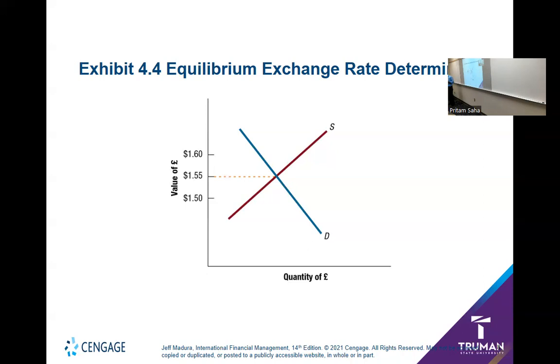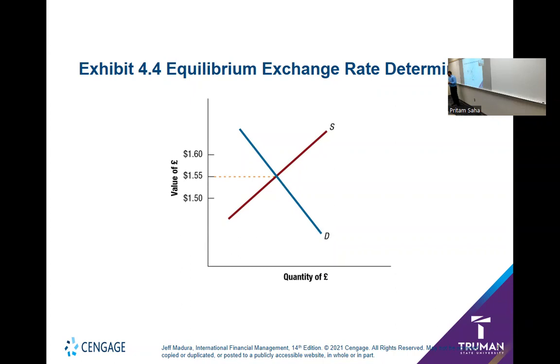If you increase the price a little bit, you can see that although there is a lot of increase in the demand, people who were demanding more at the 1.55 exchange rate will now reduce their demand from the original level, because the rate went up. So the demand is gonna go down a little bit.